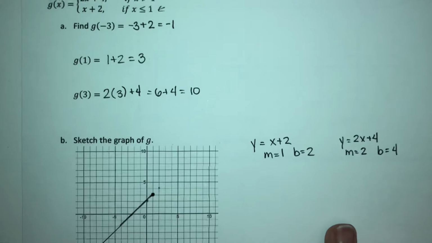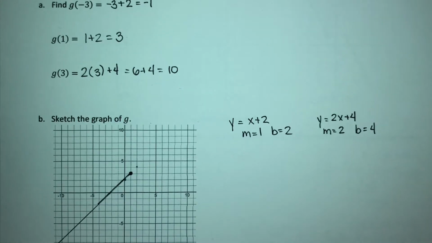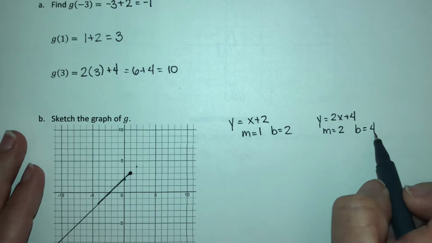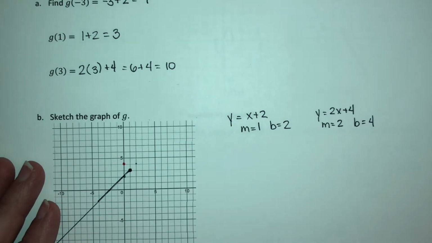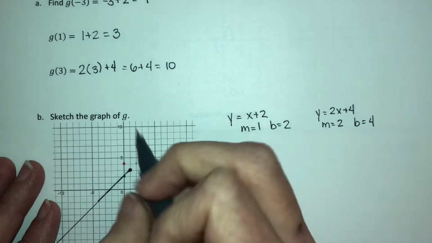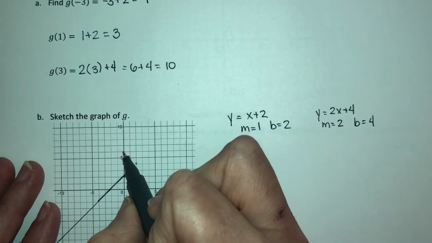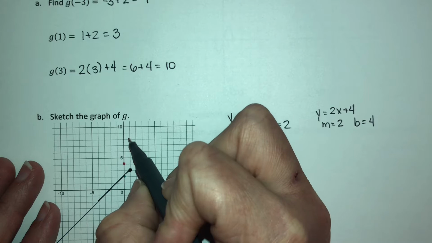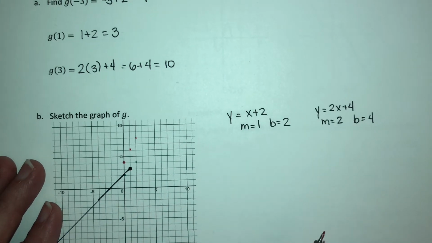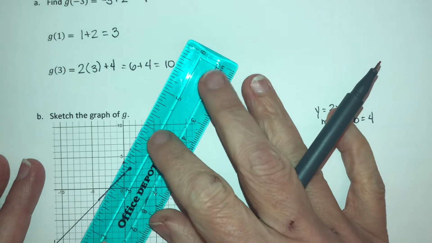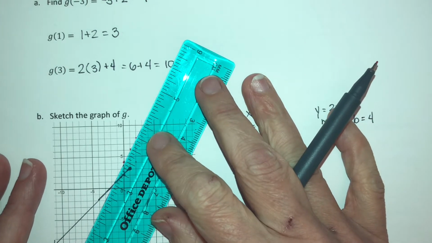Again, I'm just going to put some guide points on here to help me get the basic shape of the line, and then I'll take care of the domain as I actually draw it in. If my y-intercept is 4, that's right here. My slope is 2, so rise of 2, run of 1, rise 2, 1, and so on. So the basic shape of that second part is going to look like this.